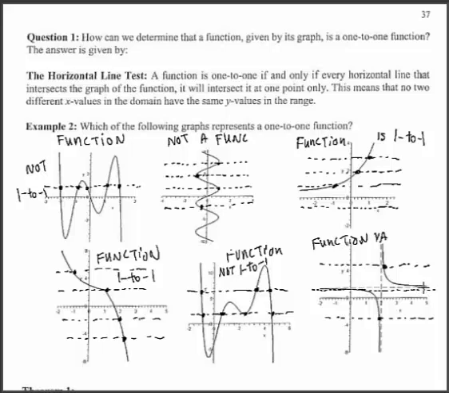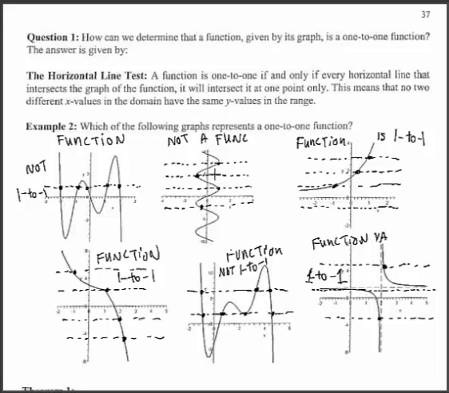So these areas will pass the horizontal line test, and so we can say this function is 1 to 1. Okay, so just to run back through them, this is not a one-to-one function, but it is a function.